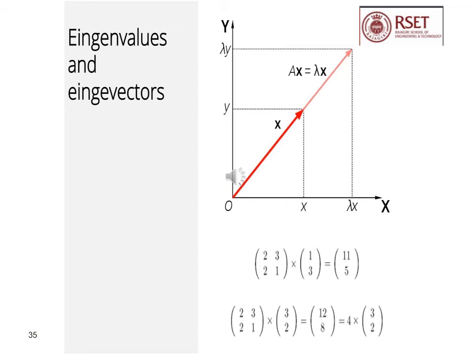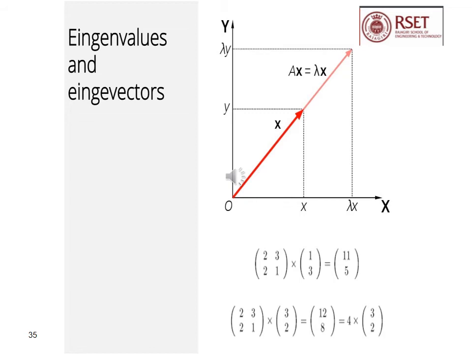So let's see how we can represent an equation for finding a principal component. Consider, as I already explained, AV equal to lambda V. And in this diagram you can see x and the corresponding y, and lambda x and lambda y.